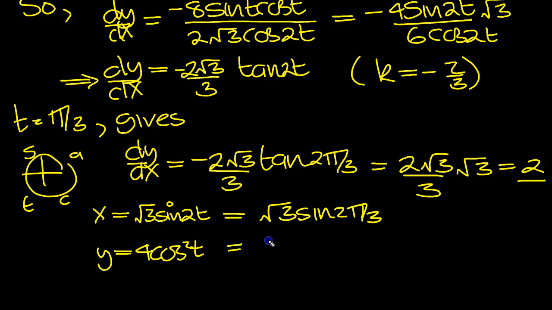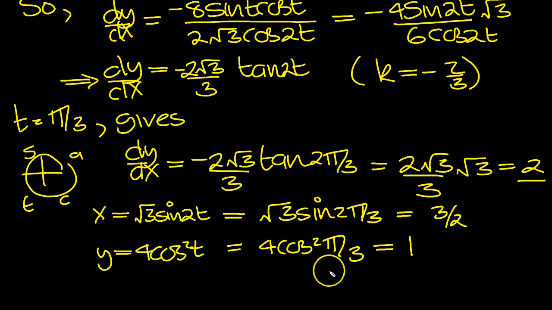And this one is 4 cosine squared pi over 3. Cos of 60 is a half, cos squared is a quarter, 4 times a quarter is 1. Here sine of 120, because sine is positive, corresponds to sine 60, which is root 3 over 2 times root 3 is 3 over 2.